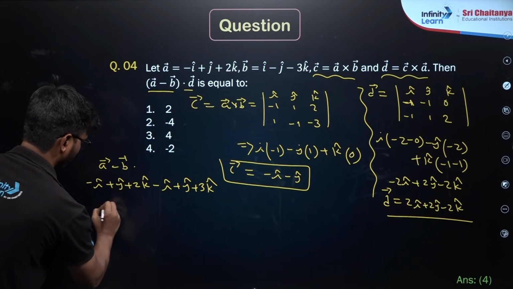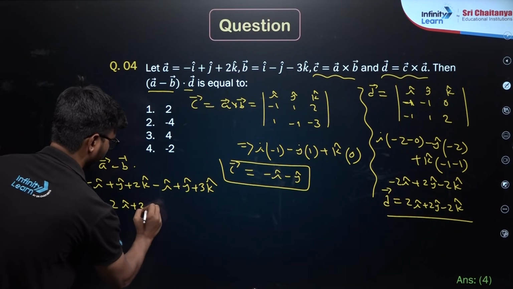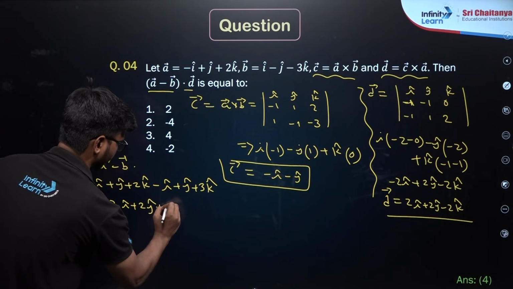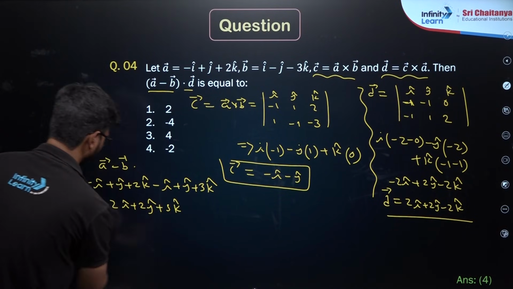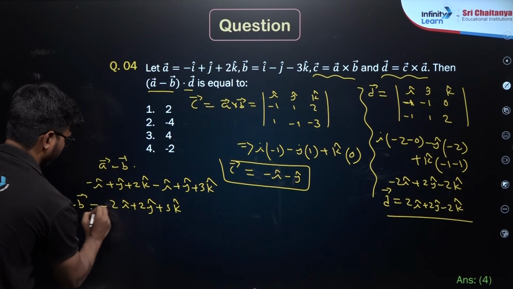So from here we are going to get minus of 2i plus of 2j plus of 5k, correct? So this is nothing but my A vector minus B vector, correct?